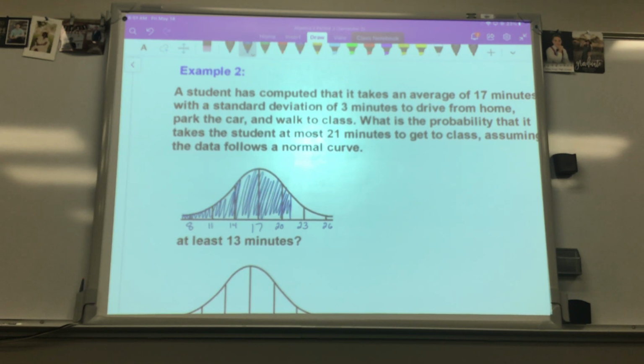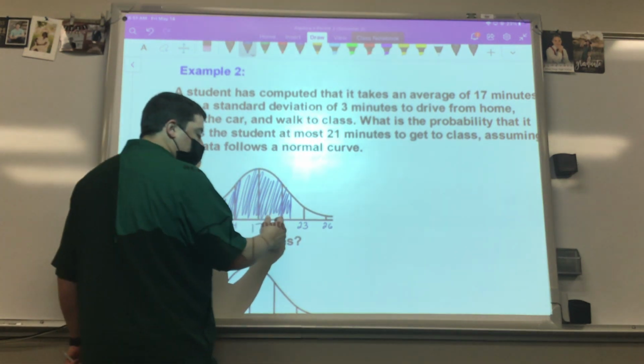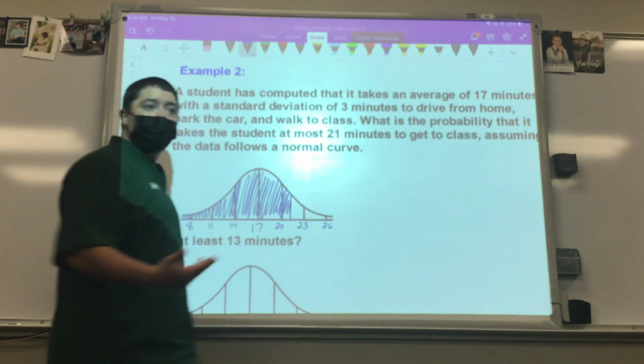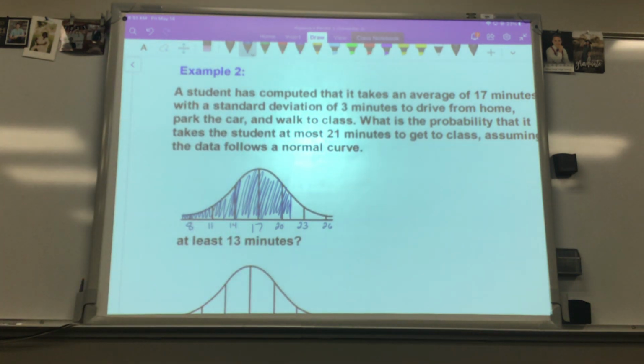Okay, yesterday they fell right on those standard deviations, and we should know those areas at this point, right? But now it doesn't fall on one of those. So this is where we need the z-scores, because it's going to tell us how many standard deviations away I am. It's going to be about 1 point something, isn't it? So the first thing we need to do is calculate that z-score.